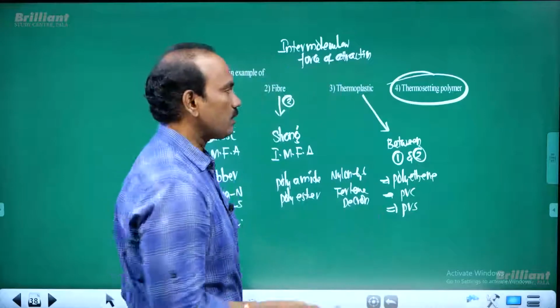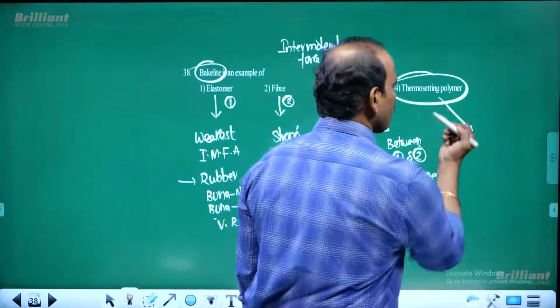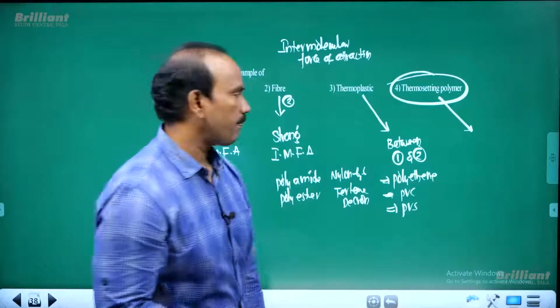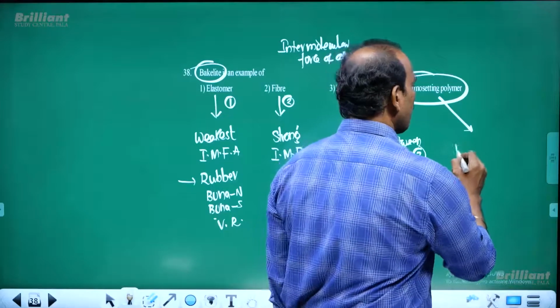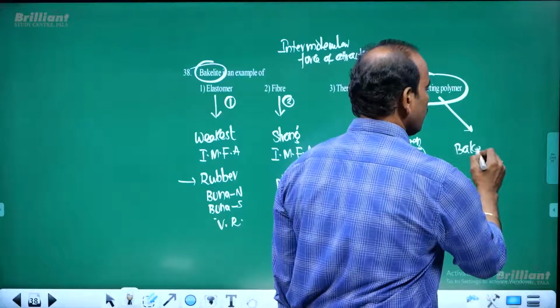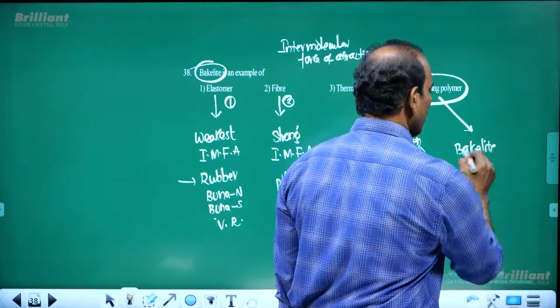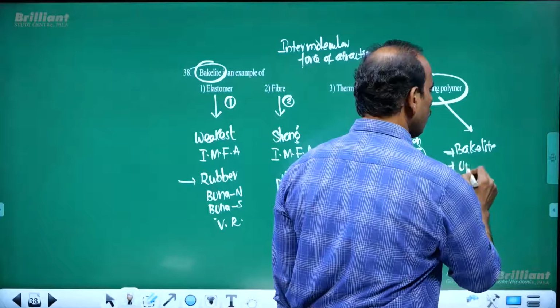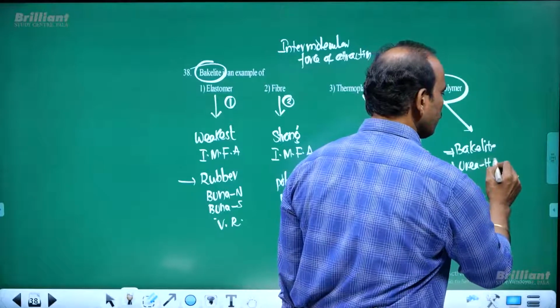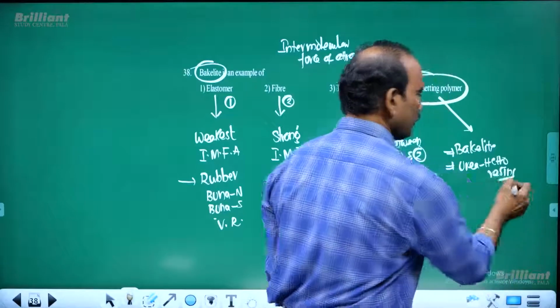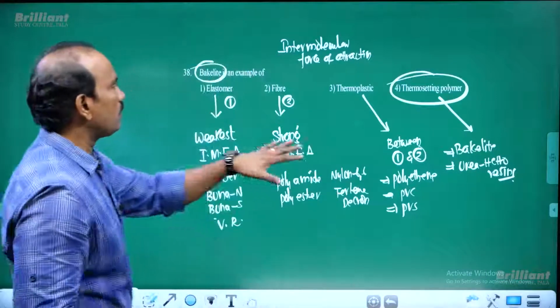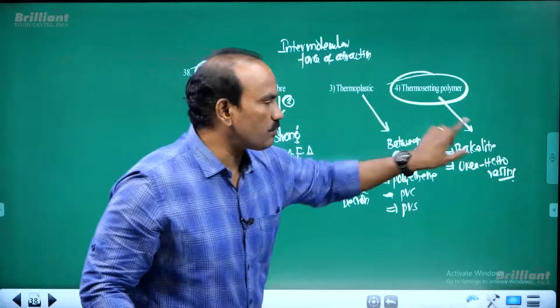These are the families. What is this one? It is cross-linked. That means here it is very hard: bakelite, and urea formaldehyde resins. Okay? Here bakelite belongs to this family. Clear?